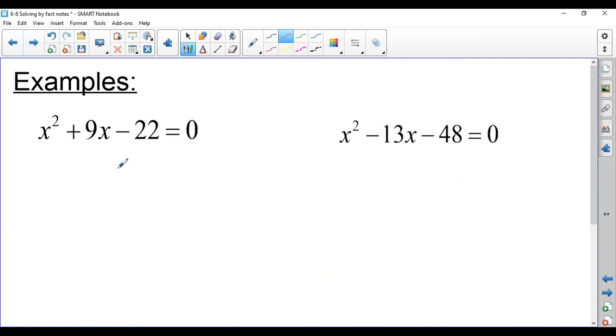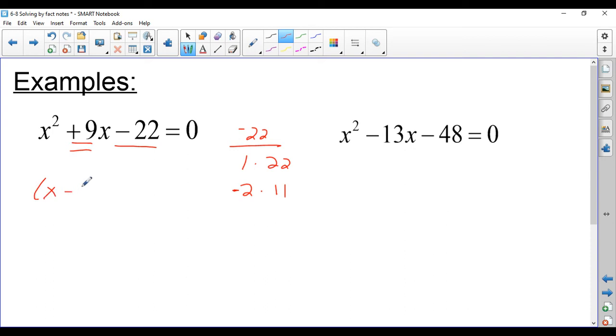Another couple quick examples, mostly to remind you with the factoring. Here I have x squared plus 9x minus 22 equals 0. It's set equal to 0. Done. Now I need numbers that multiply to negative 22. 1 times 22, 2 times 11. I want them to add up to positive 9. And remember, if they're multiplying to a negative, one is going to be positive and one's going to be negative. 11 minus 2 is 9.